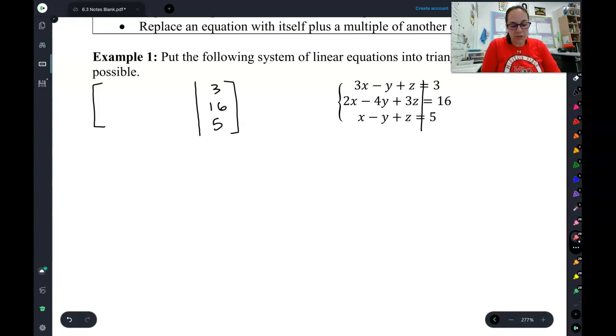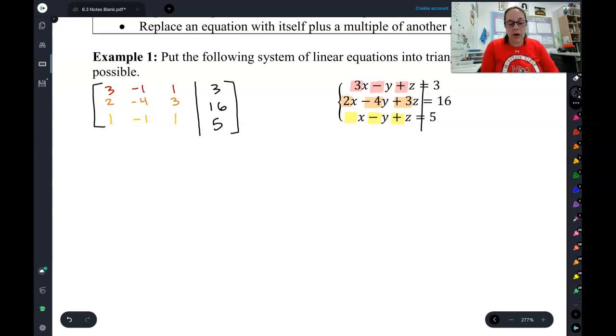So here my coefficients are 3, -1, and +1. So 3, -1, +1. Here I have 2, -4, +3. And finally I have +1, -1, +1. And that's an augmented matrix.